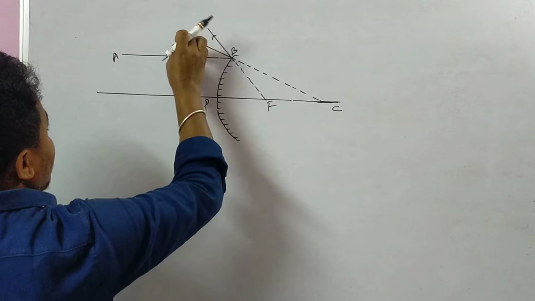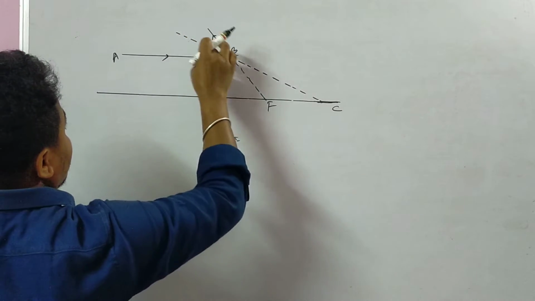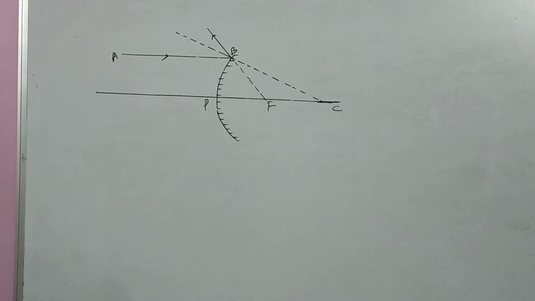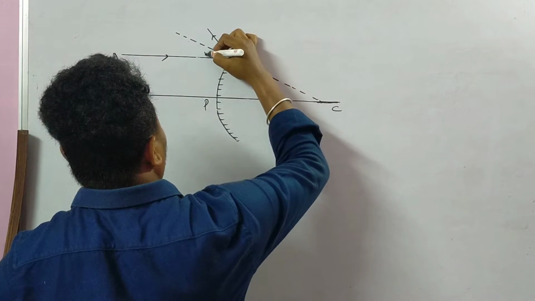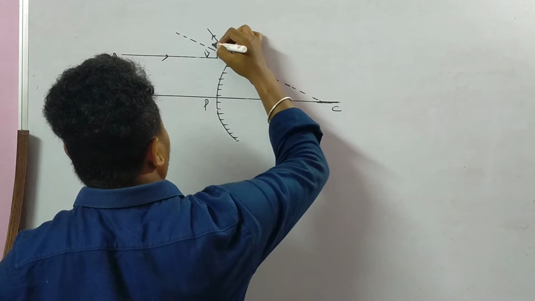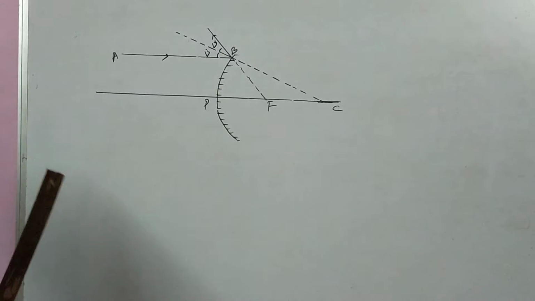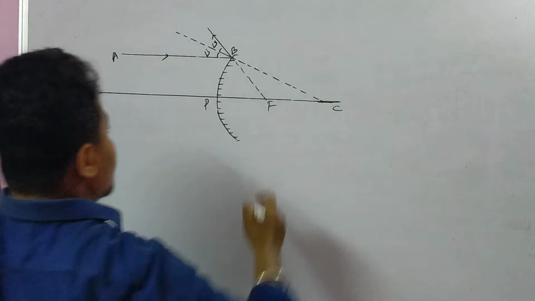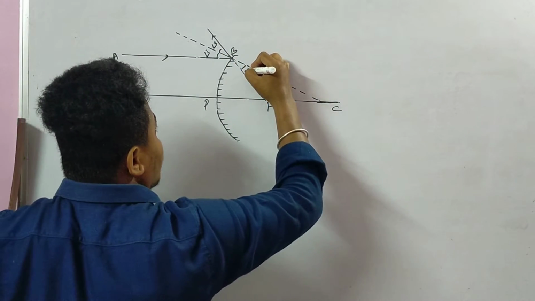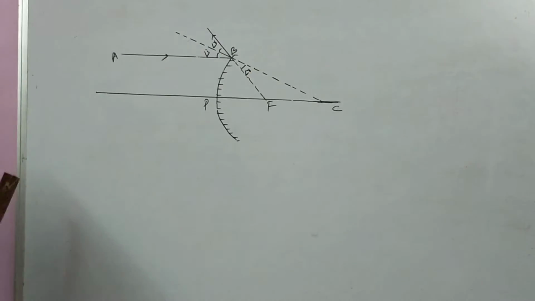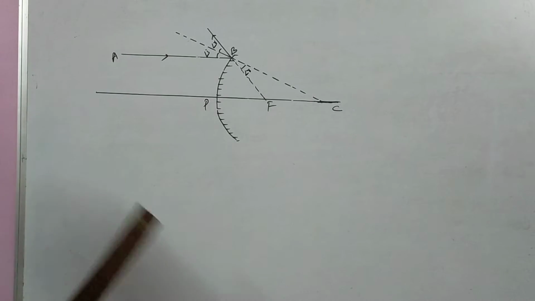That means this will be your angle of incidence and this will be angle of reflection. Understand? One thing to keep in mind: if this is angle R, this is also going to be angle R, vertically opposite angle.